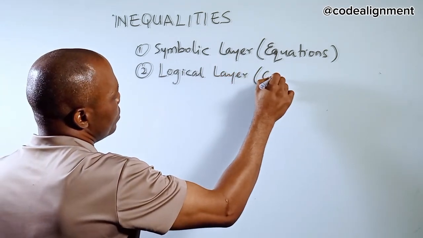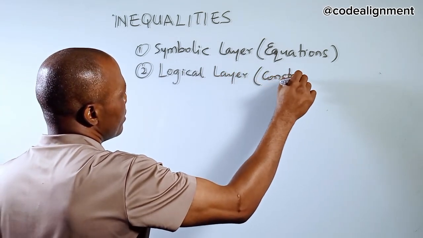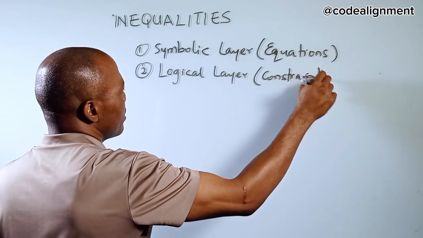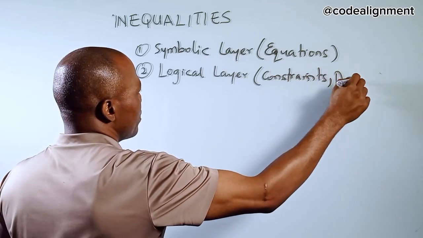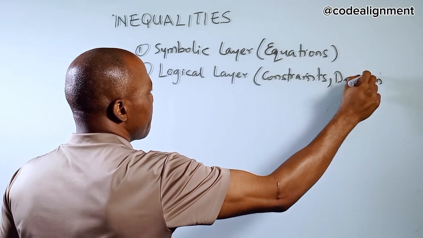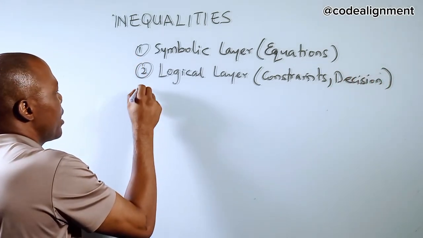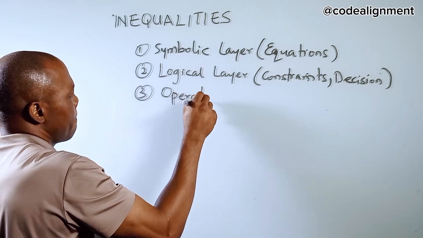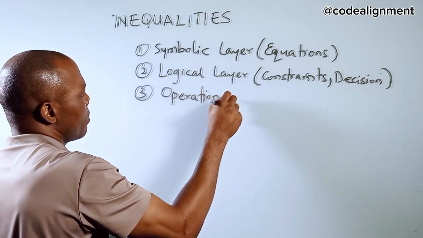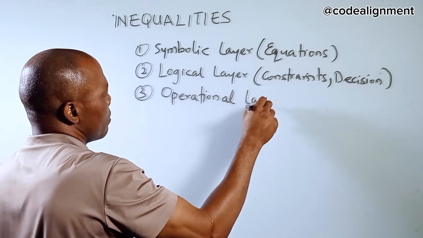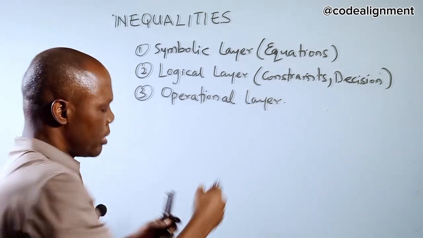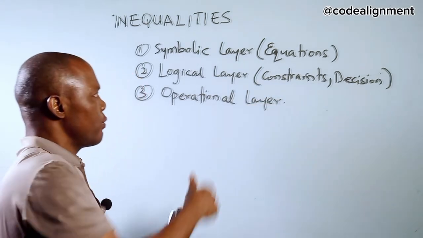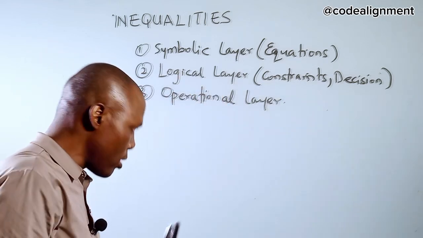We are looking at constraints. We are looking at decisions, right? And then we have three, the operational layer. Now, this one is saying what happens if we obey the logical layer, or we obey logic.